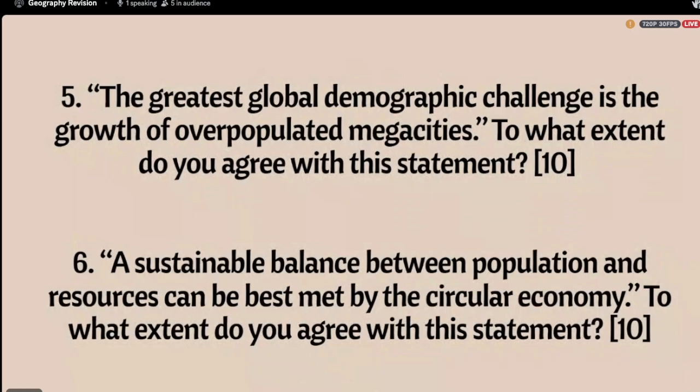It's always going to be one or the other. They'll usually have two questions, from two different units. So it's pretty similar, but it's just showing you what kind of questions will come on.